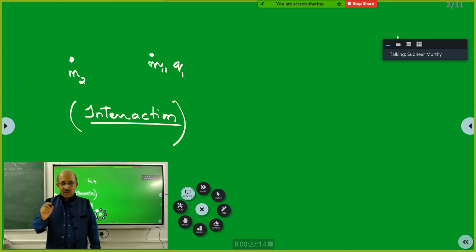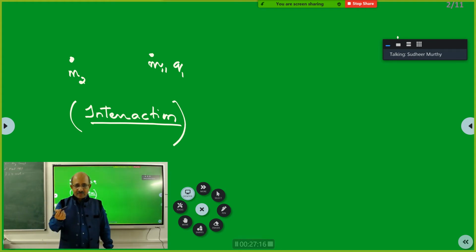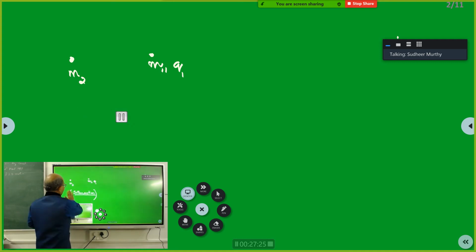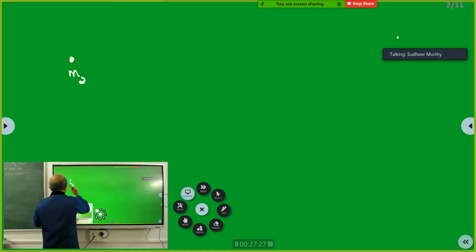So therefore, students, what you have to appreciate when you are applying Newton's law is, when you have two bodies, there has to be interaction. Now I have two entities. Look at the word I am using.